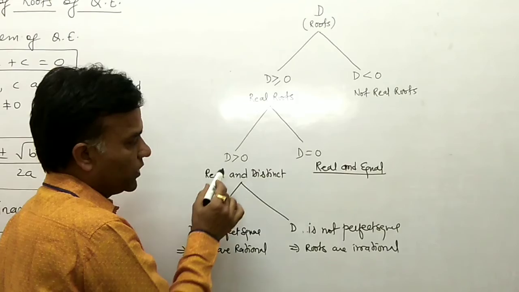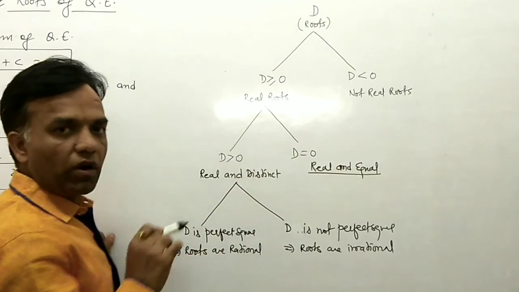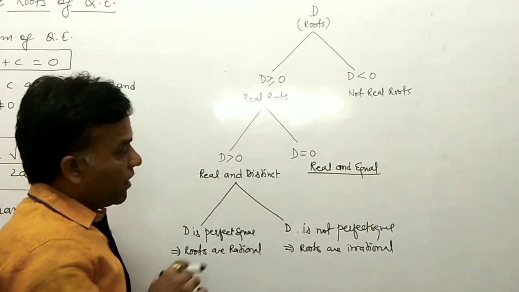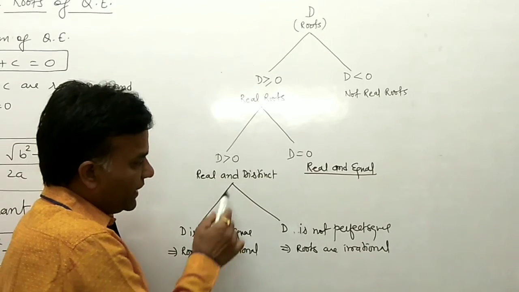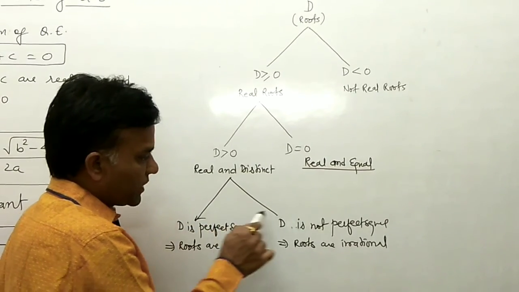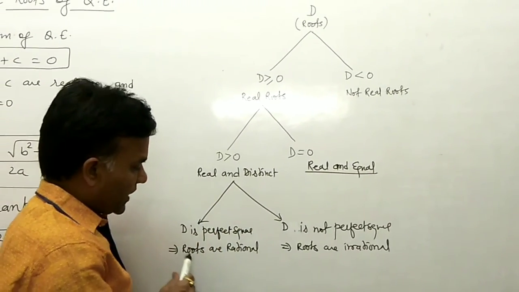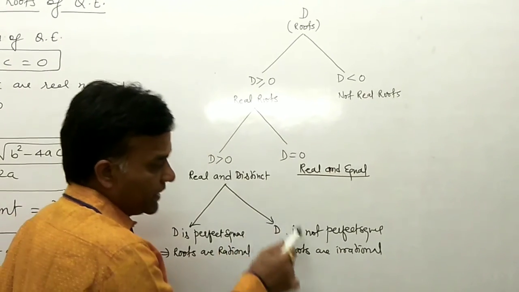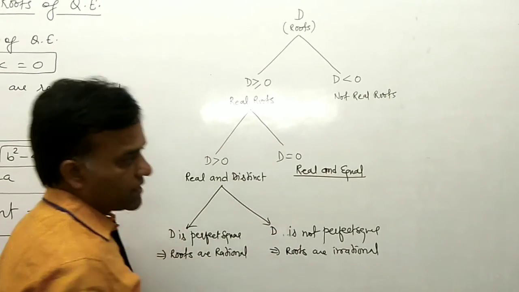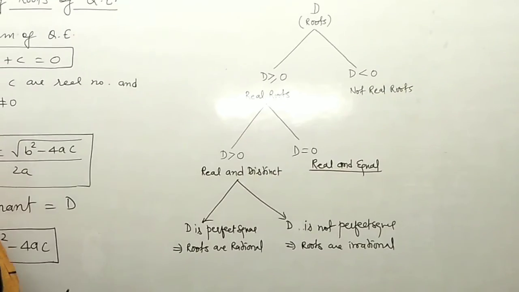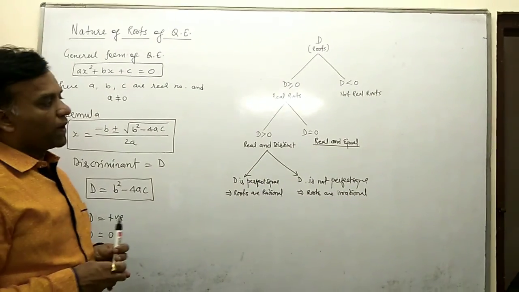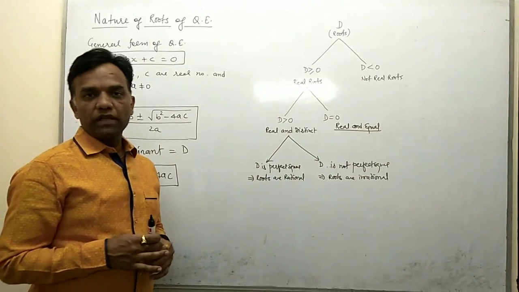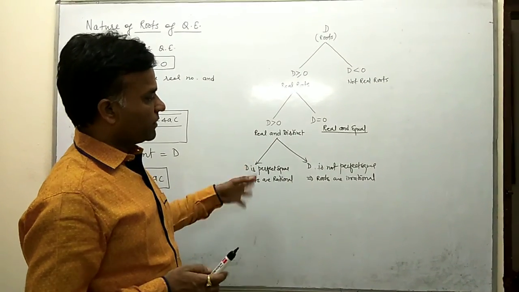If D is greater than 0, it means the roots are real and distinct. But real and distinct again has two natures. If D is a perfect square, then the roots are rational. If D is not a perfect square, then the roots are irrational. So this is the concept of the nature of the quadratic equation, in which we define the nature of the roots. You can write down the nature of the roots in this form.